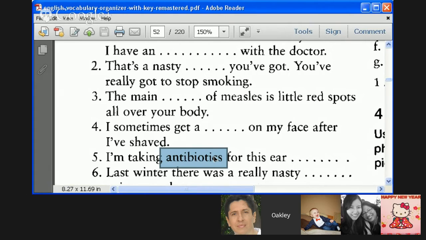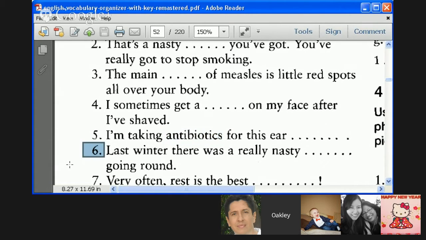So they very commonly get colds and ear infections and chest colds and different things and have to take antibiotics. Antibiotics you usually have to take for 2 weeks, 2 or 3 times a day when you eat, and you can't drink alcohol, and you have to be very careful. Take care of yourself. Give them a chance to work.